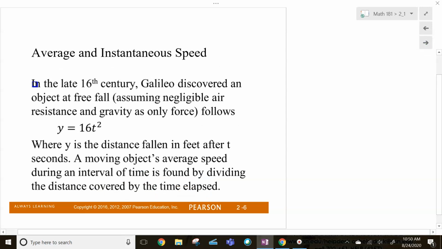Let's start out with looking at some average speeds for a minute. Galileo discovered that an object in free fall, again ignoring air resistance, with gravity as the only force, falls this way, where t is your time and y is the distance fallen. So a moving object's average speed, let's find that.